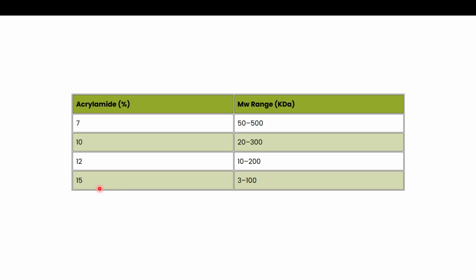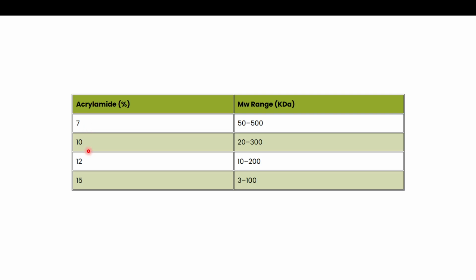So if you know that your sample has molecules with really high molecular weight, then the idea is to have a lower concentration of acrylamide and bisacrylamide in your SDS-PAGE gel, so that there is enough space through the pores to move and separate out.